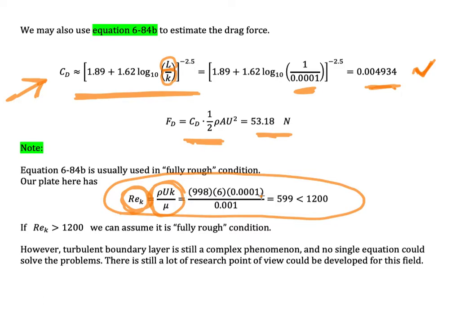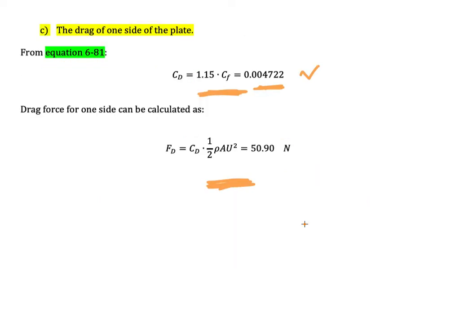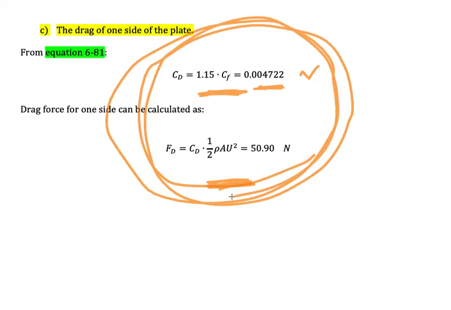Substituting the roughness value, we get 599. If the Reynolds number is more than 1200, we can assume it is fully rough, and we need to use this other equation. But here the condition is less than 1200, so it is okay to use this equation. However, this is just an estimation, because the turbulent condition needs to be verified later with the experimental value.